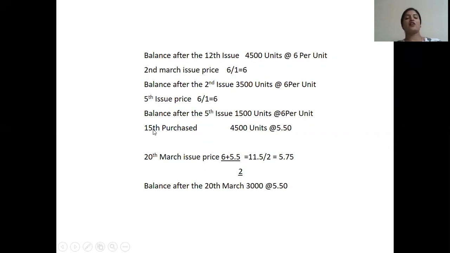And now on 15th March, we purchased 4,500 units. So how many lots do we have? 2 lots. One is 6 plus 5.50, which should be divided by 2. You'll get 11.5 divided by 2, so the cost per unit is 5.75. That is on 20th March.